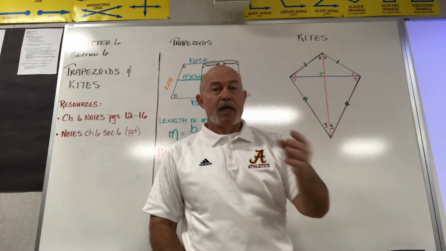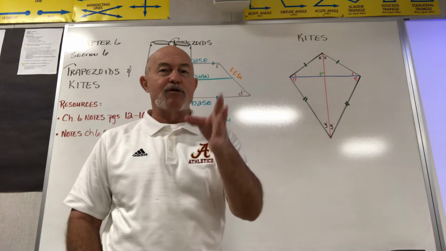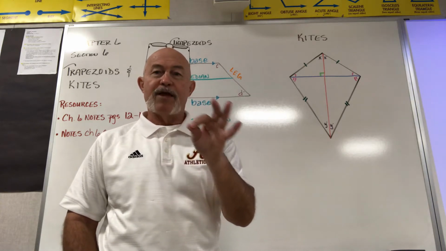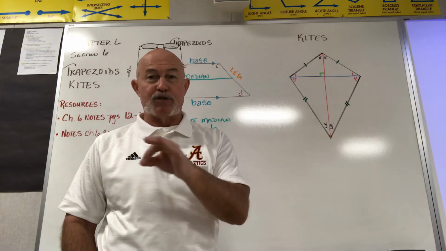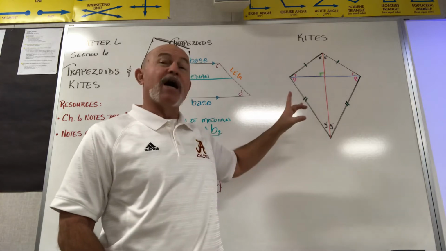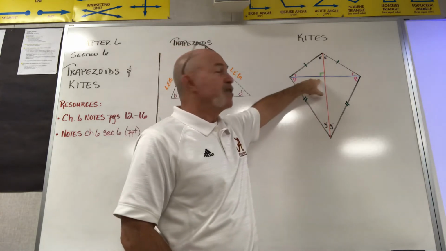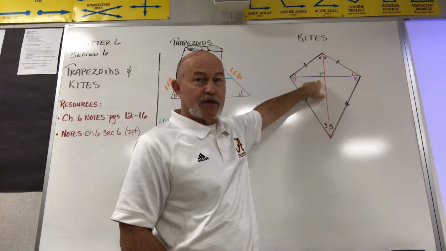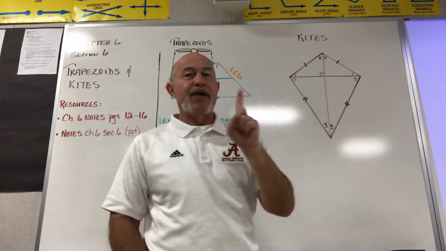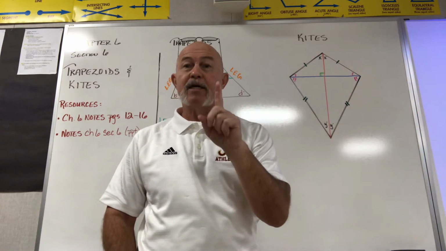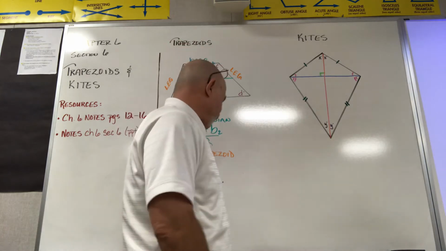Now, this becomes important when we talk about diagonals. If you remember the diagonals of a rhombus, they are perpendicular bisectors of each other. On a kite, the diagonals are perpendicular to each other. They only cut one diagonal in half.